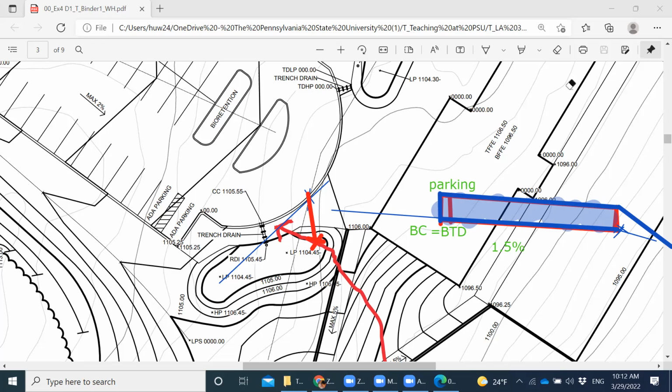We always wanted to have 2% for a paved surface. 1.5 would make it sufficient to drain, but to build in an extra safety cushion in case the pavement breaks down or wasn't built well enough, we wanted to make it 2. But a trench drain is very specified in terms of the materials and everything, so you can use 1.5. If you wanted to use 2%, that's totally fine too.